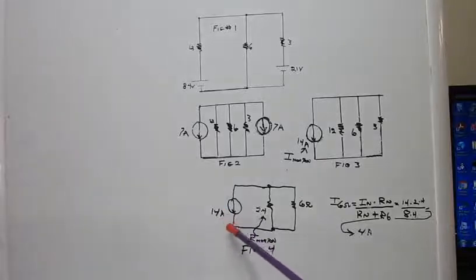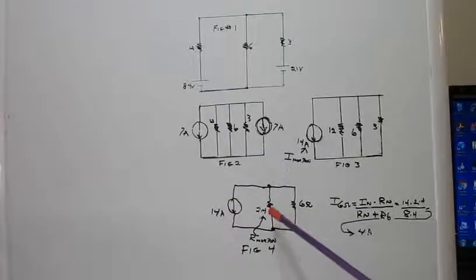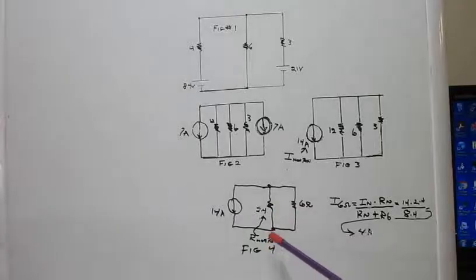The 14 amps is I Norton. The 2.4 ohms is called R Norton. And here we use the current divider rule to solve the circuit. Very simple and straightforward. This is indeed simpler than the part 1 and part 2 method of using loop equations.